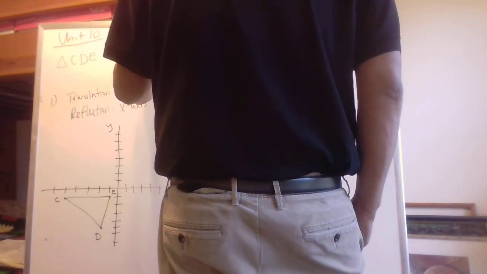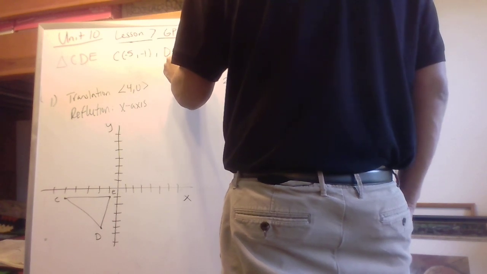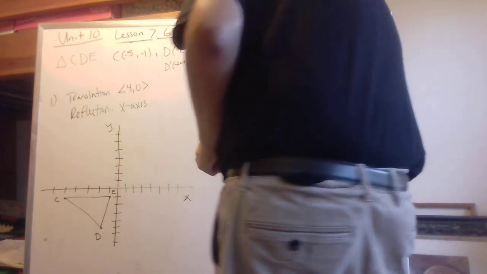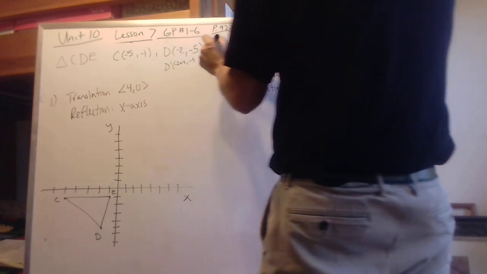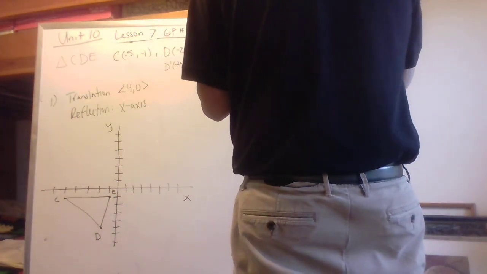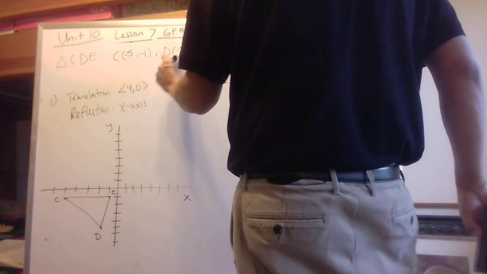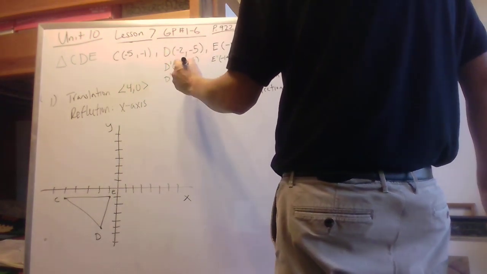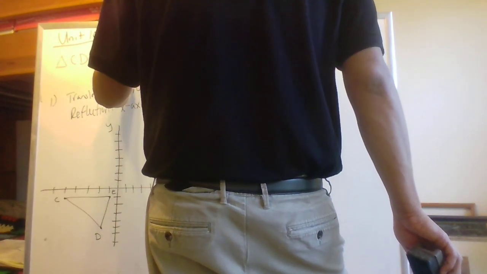And then for D prime, if we go -2 plus 4, comma -5 plus 0, sorry, this is going to be -1 plus 0, so that's going to be -1. So we're going to have 3, -1 for E, and then over here for D prime, 4 minus 2 is 2, -5 plus 0 is -5, and then for C prime, we're going to have -5 plus 4, so that's going to be -1, -1.